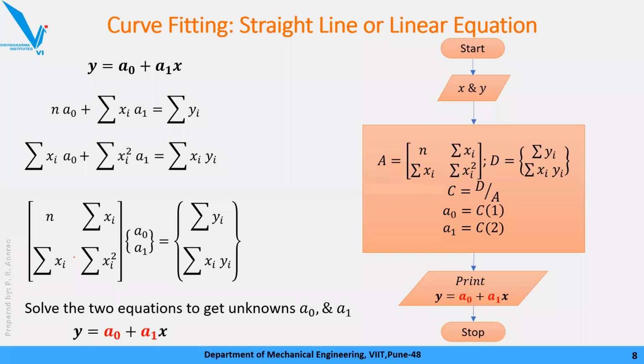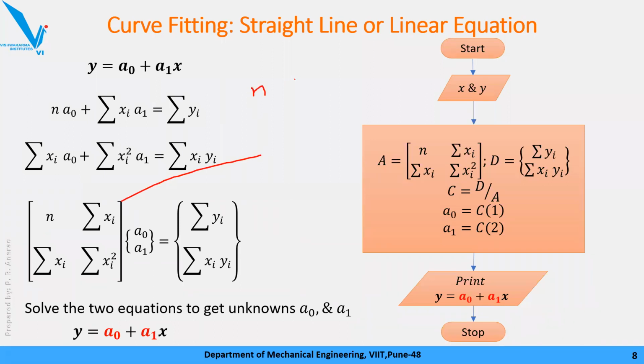Now remember, I am not going to explain the flowchart for power equation, exponential equation, and a quadratic equation. The reason is the remaining three are just modification of given flowchart. So for example, if you are going for parabolic equation, तब क्या होता है, ये जो वेक्टर है चेंज हो जाता है.